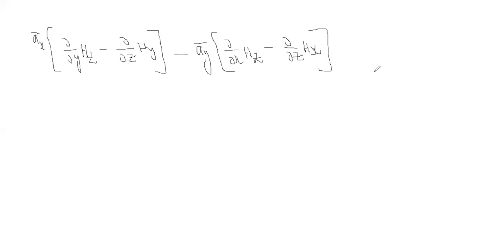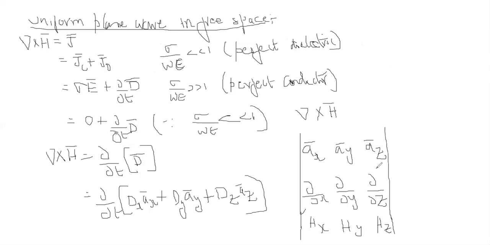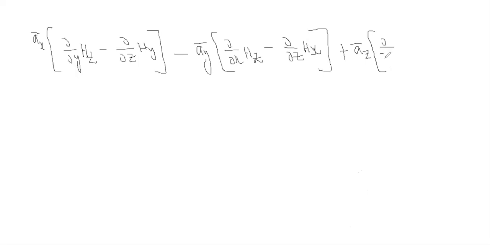And the last term is multiplied with a_z bar into dou by dou x of H_y minus dou by dou y of H_x.